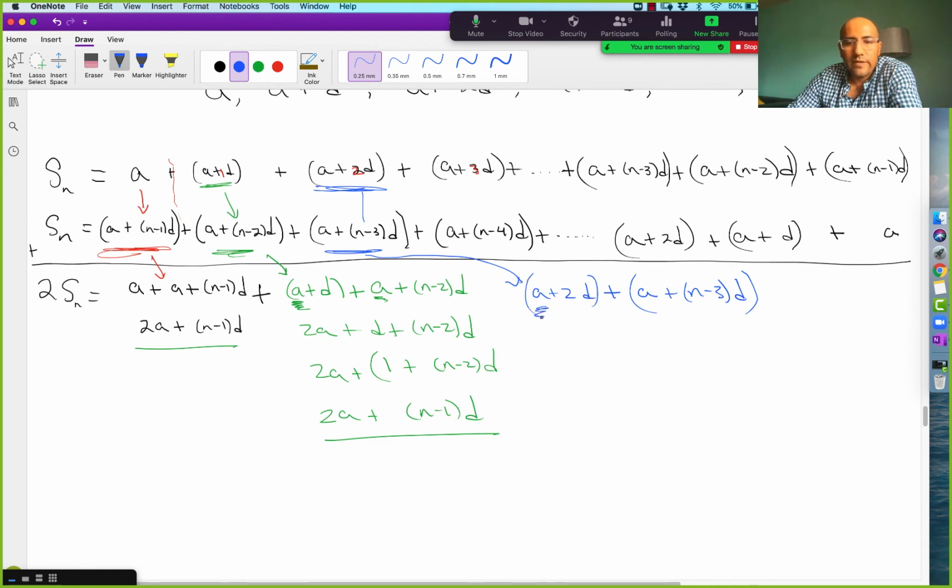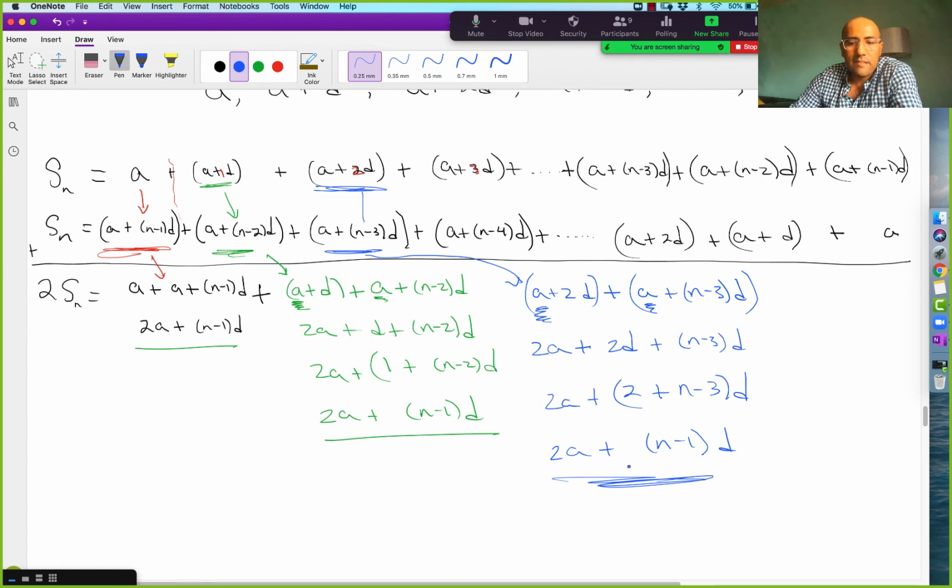So again, you combine like terms, we get a 2a for sure, 2a plus, and now we end up with these. So I end up with 2d plus n minus 3d. Okay, again, if I factor out a d from these, I get a 2 plus n minus 3 multiplied by d plus 2a. So I get 2a plus n minus 1d, exactly the same thing as before.